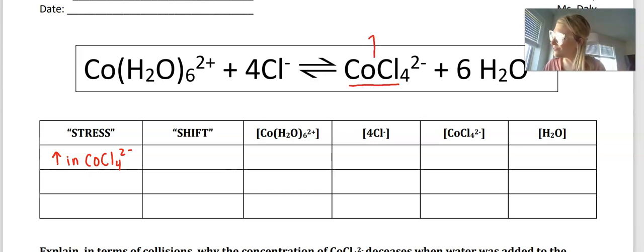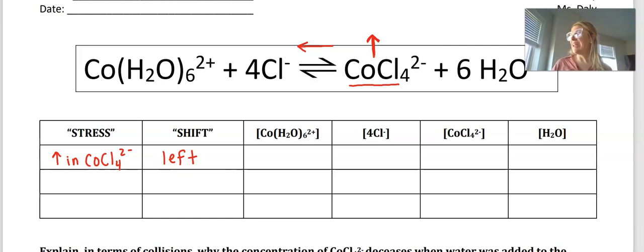If I increase the amount of that, which direction is that going to cause the reaction to shift towards? Is it going to shift to the left or will it shift to the right? Okay, it's going to shift to the left direction.